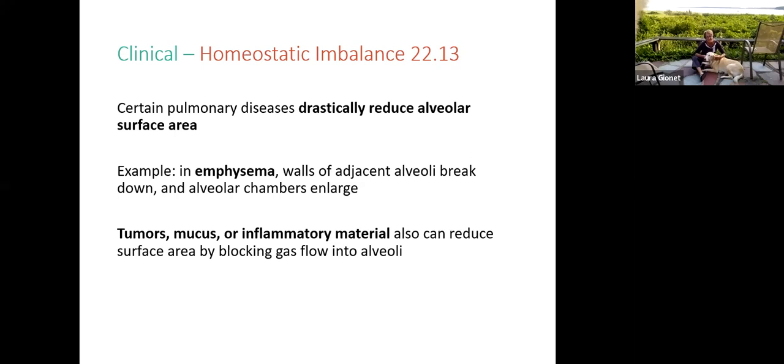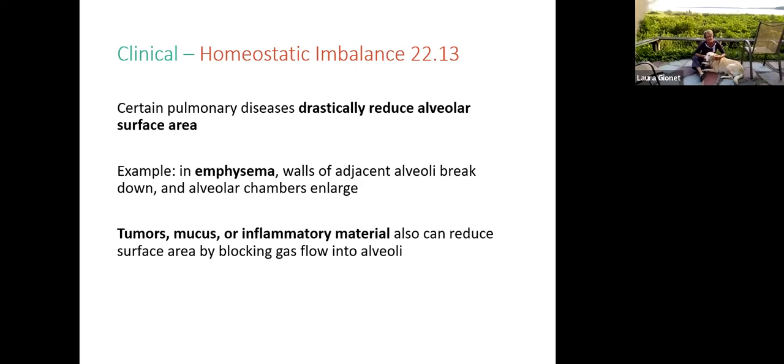And so what happens when carbon dioxide builds up in blood? The carbonic acid cycle, right? It interacts with water to produce carbonic acid, which liberates hydrogen ions, increases the hydrogen ion concentration, decreases the pH, and now we have acidosis. Other things that can affect that are tumors, extraordinary mucus, and inflammatory material at that level.